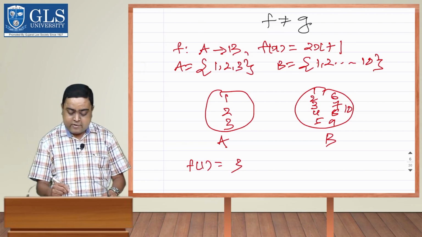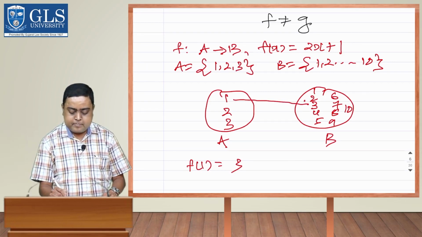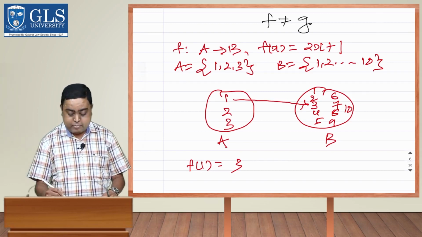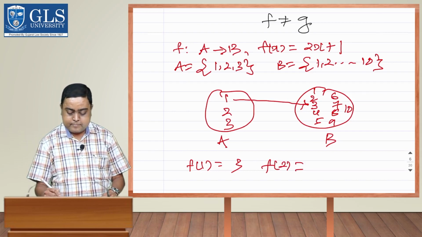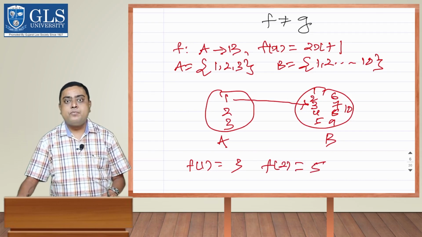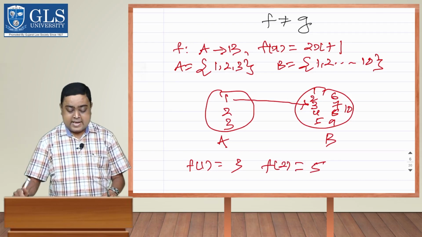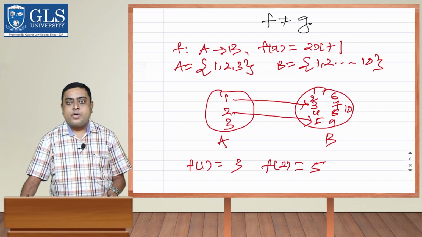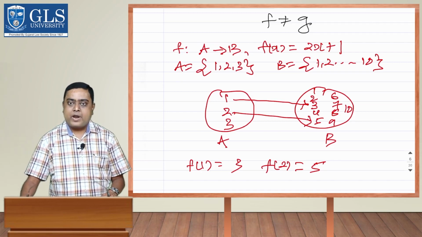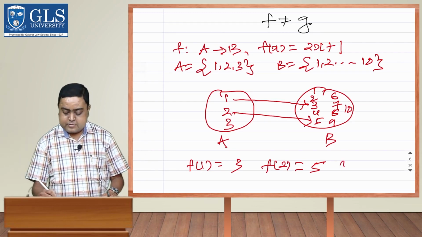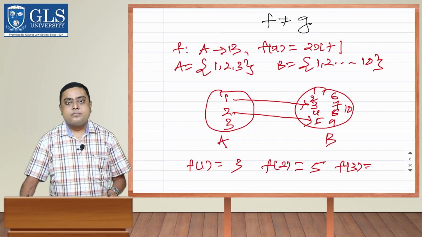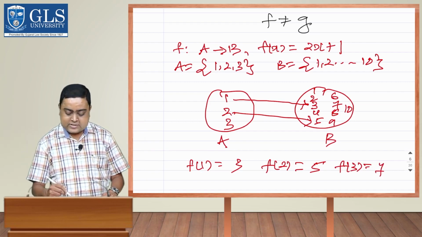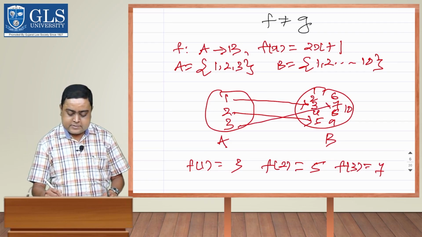So I associate 1 with 3. Now I take x is equal to 2 and put it in the function f. So I have the value 5. So I associate 2 with 5. And now I put x is equal to 3 in the given function. So I get the corresponding value 7. So I associate 3 with 7.